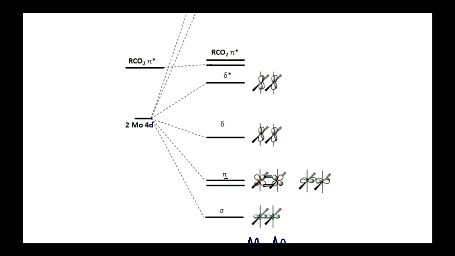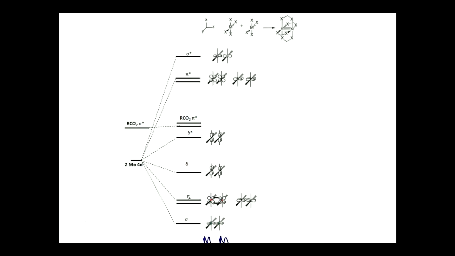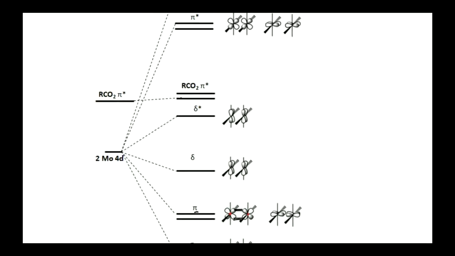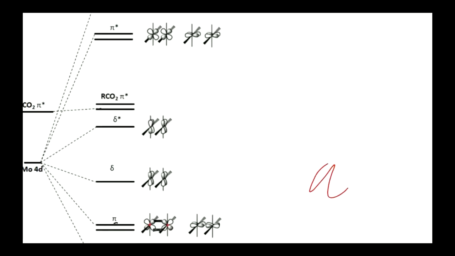Okay, good, yes. Purple. Yeah. So it's purple because there's electrons in these orbitals.